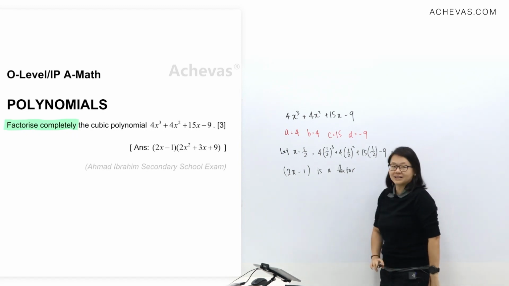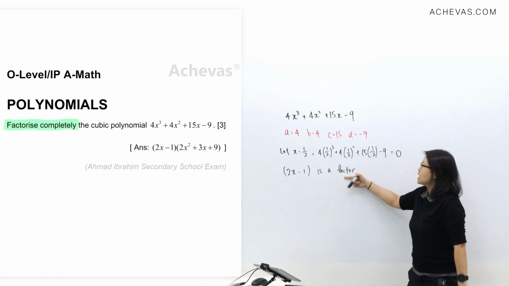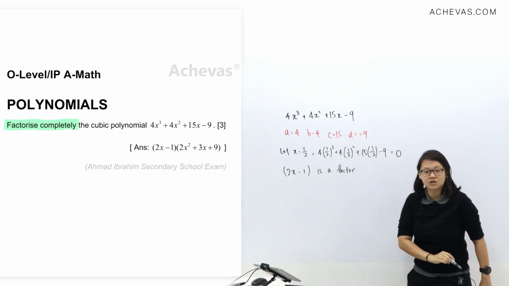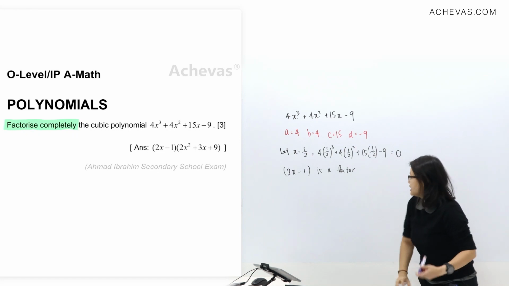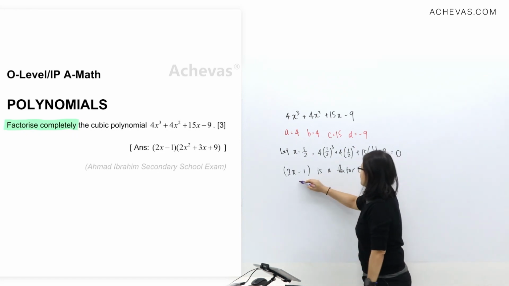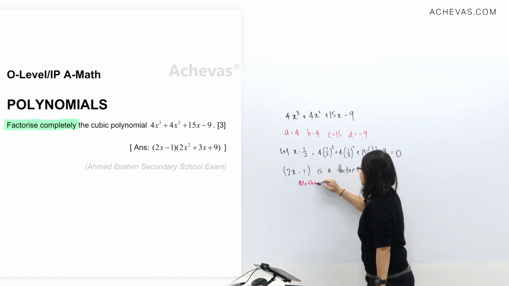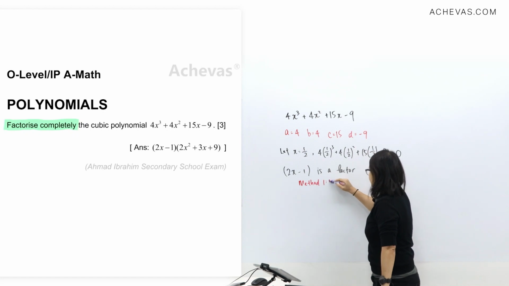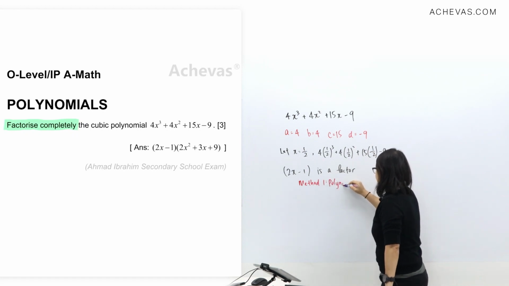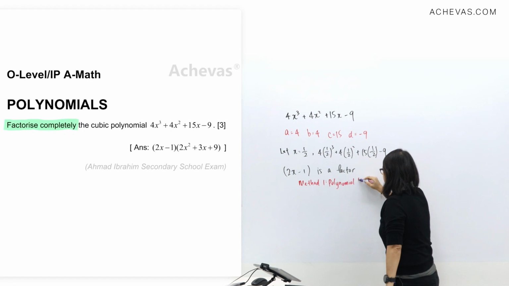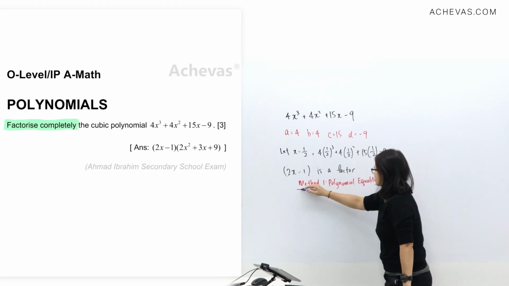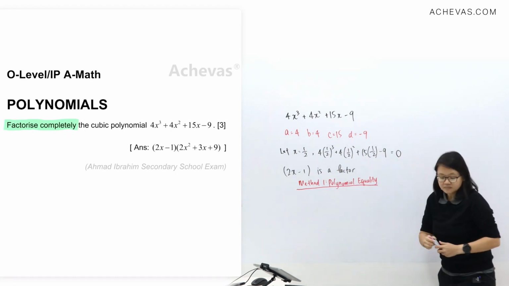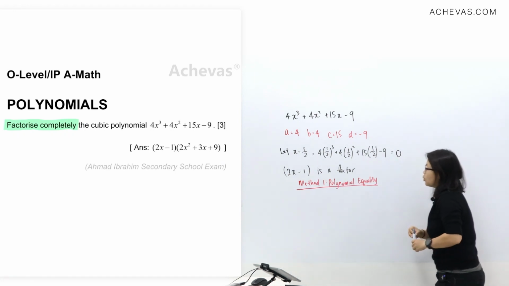I'm going to show you two methods here. First factor is out. The next step, you can do method 1, polynomial equality, or method 2, a long division. Let me start with method 1, polynomial equality.